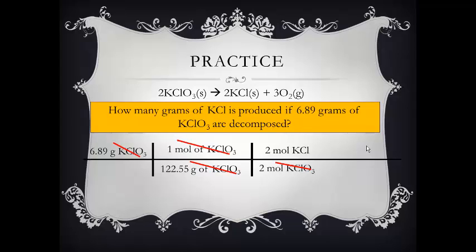Great, now we want to go back to Massville, so we need to use the molar mass of KCl. Potassium chloride, 74.55 is 1 mole. Use the periodic table. Moles cancel. Multiply everything across. Divide by the bottom. You get 4.19 grams of KCl.